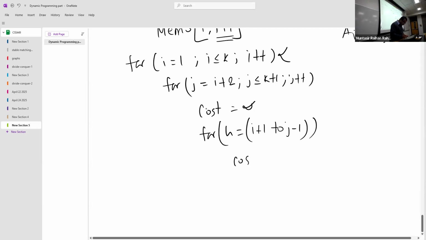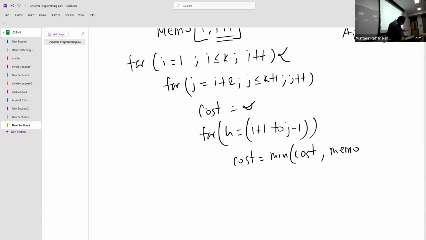My cost is going to be, I'm trying to minimize the cost, so it's going to take the existing cost, and then it's going to be memo of, so basically h is all possible places where I'm going to break the matrix into two parts, right?